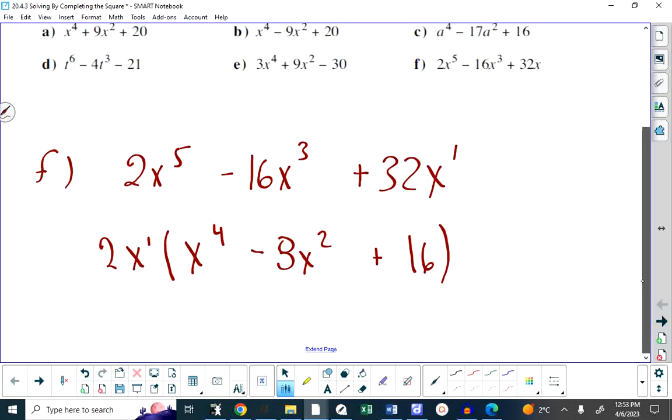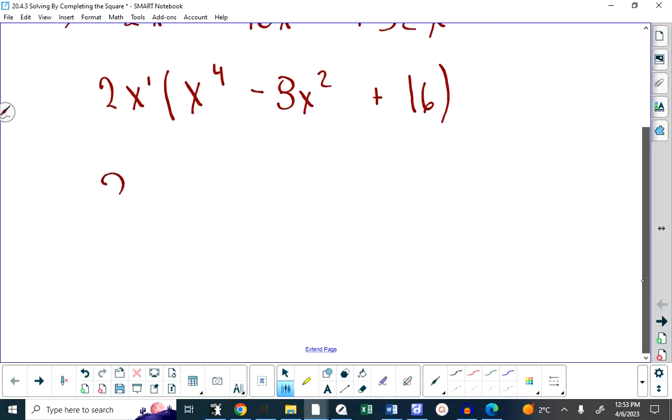So this factors further. X squared and x squared. It factors further because there are in fact two numbers that multiply to give 16 and add to give negative 8. Each of those are a difference of squares.